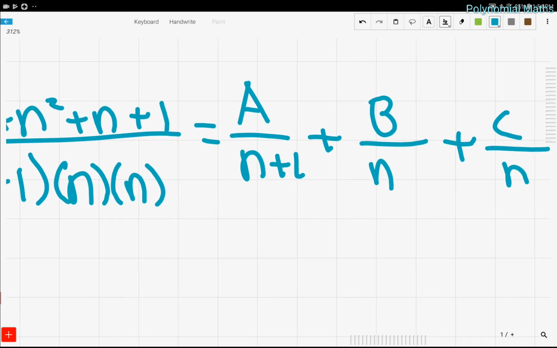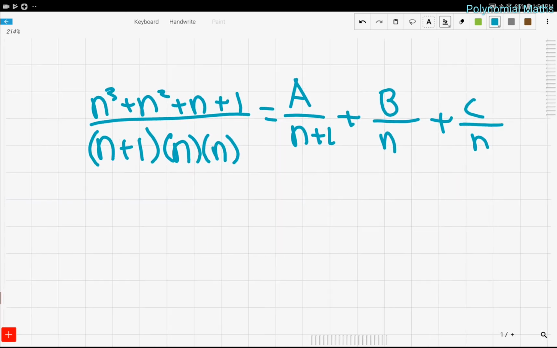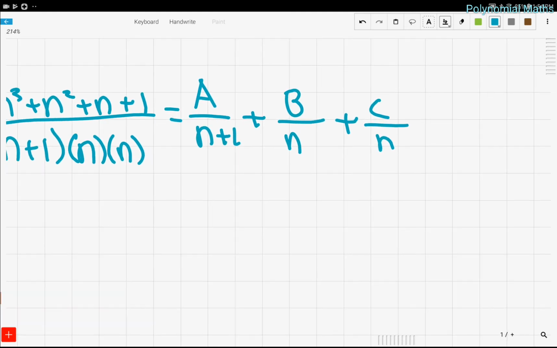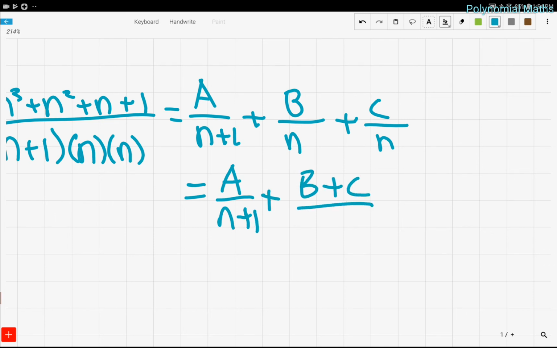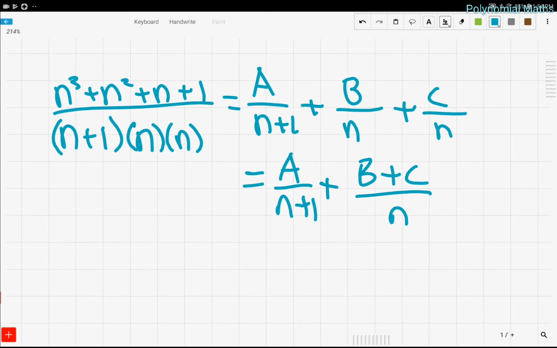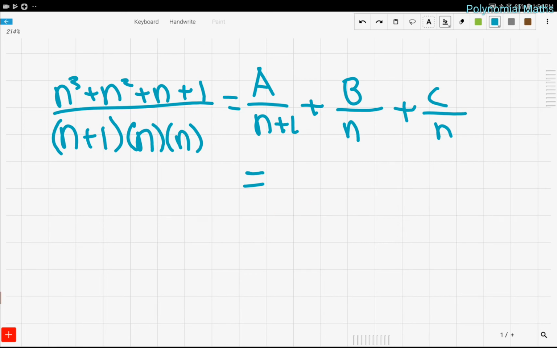But this doesn't make much sense, because if we simplify this, the right side ends up being A over n plus 1 plus B plus C over n, which we can write B plus C as just D. So that doesn't make sense, because we still need to get this extra n in, but we have no idea how to get it.